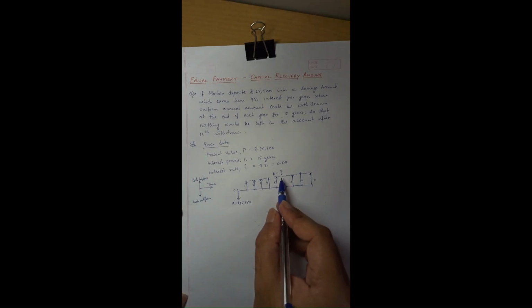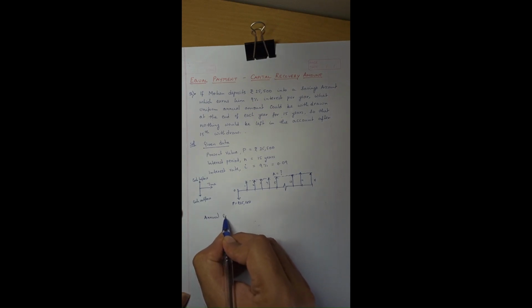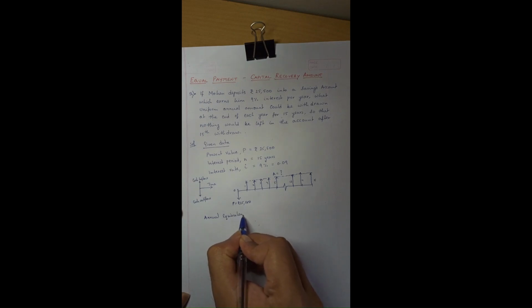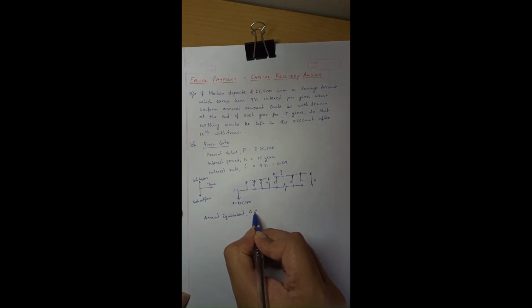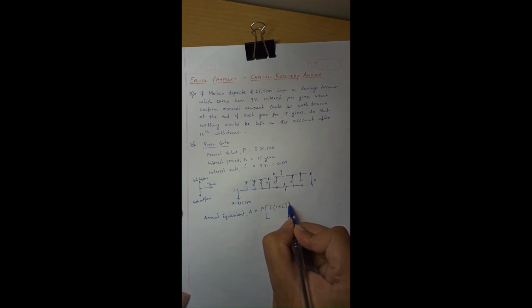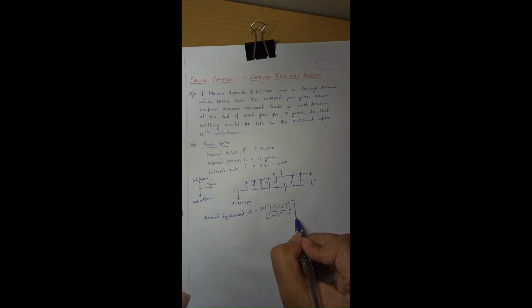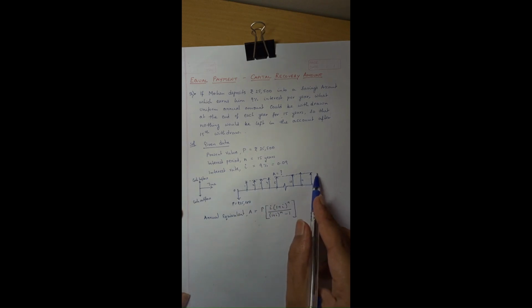Now we will calculate what is this annuity. The annual equivalent, which is the annuity, capital A, is equal to present value multiplied by I into (1 plus I) to the power of n divided by (1 plus I) to the power of n minus 1. So this is the equation to determine the annual equivalent, that is the annuity.